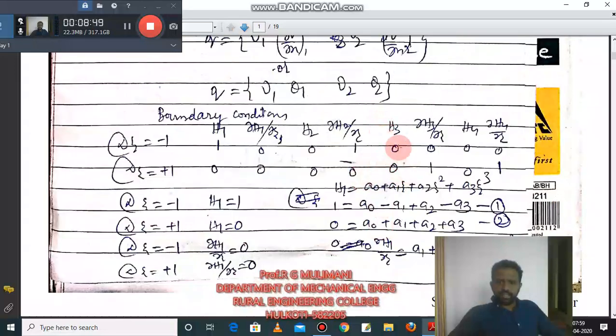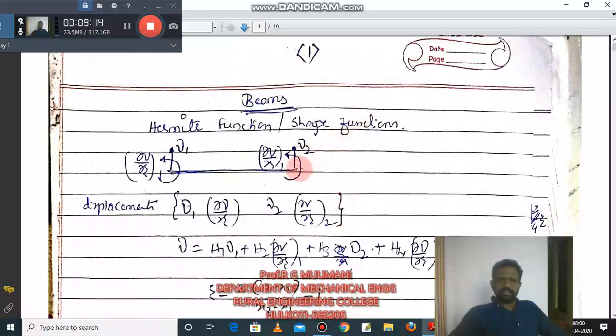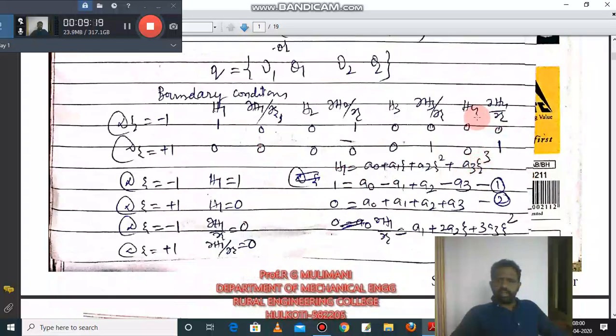This is wrong, it should be 0 and 1, and there is no slope in the third boundary condition, so it is 0, 0. Make this 1 and this 0. Similarly, the fourth nodal displacement is the slope, so 0, 0, 0, and 1, because at node 2 there is slope. Dou h by dou zeta is equal to 1.